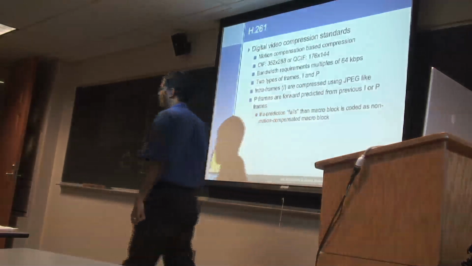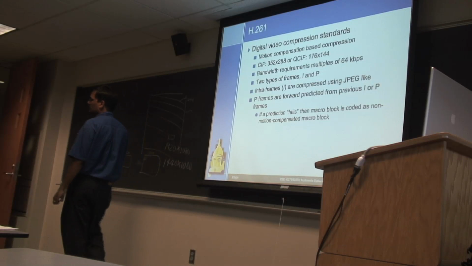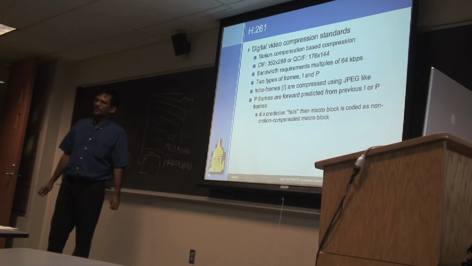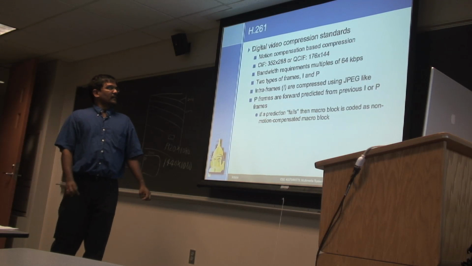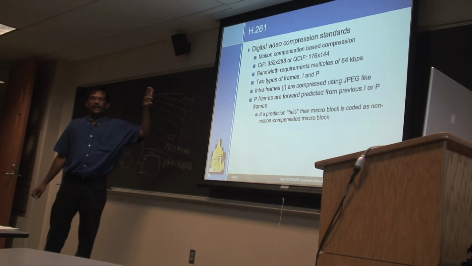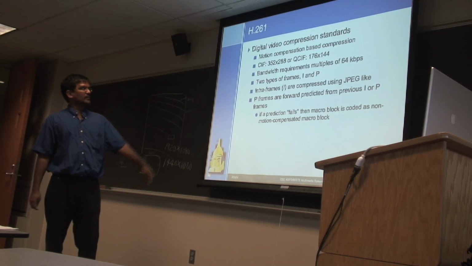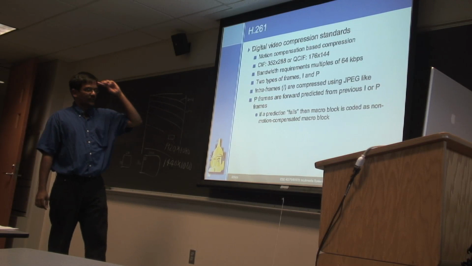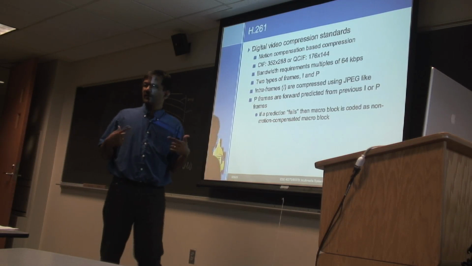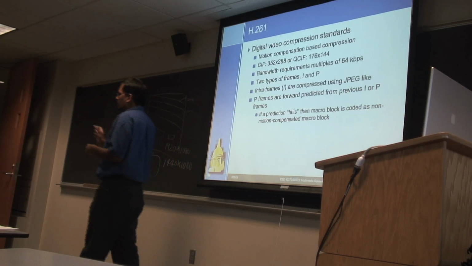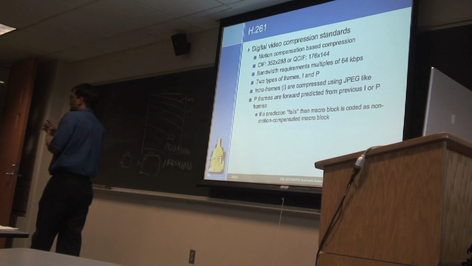So I'll look at one such encoding, H.261, one such compression, and MPEG-4 is H.264. Essentially, this was used for video conferencing. They defined what types of image you should have.